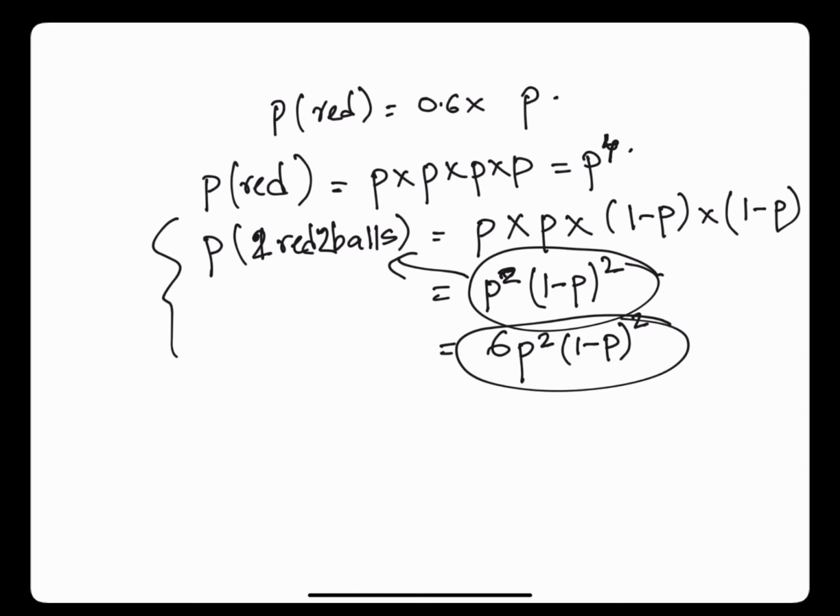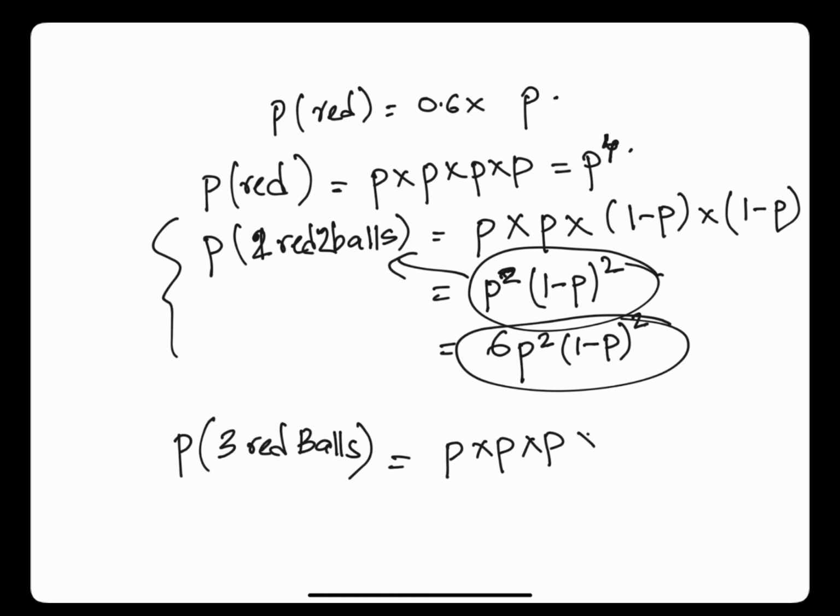Similarly, for 3 red balls, we get p into p into p into 1 minus p, and this gives us p cubed into 1 minus p, and since we saw that four combinations are possible, it should give us 4 p cubed into 1 minus p.